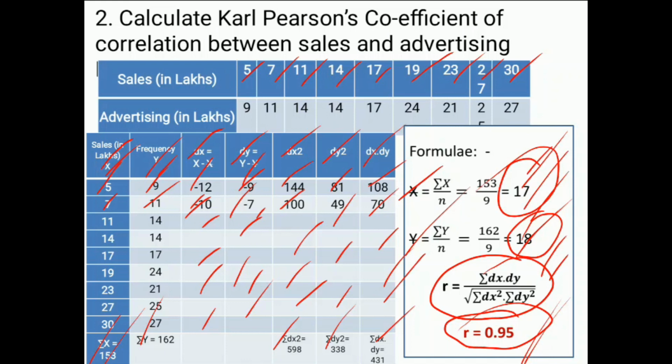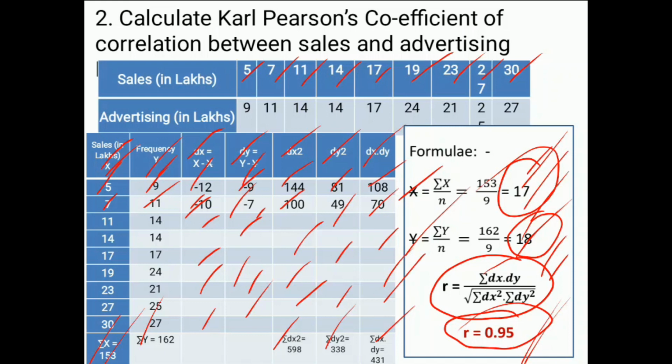0.95 means a very high degree of positive relationship. A high degree of positive relationship means a close relationship exists in a positive way between advertisement and sales. And dear students, please remember the maximum value R can take is either plus 1 or minus 1.